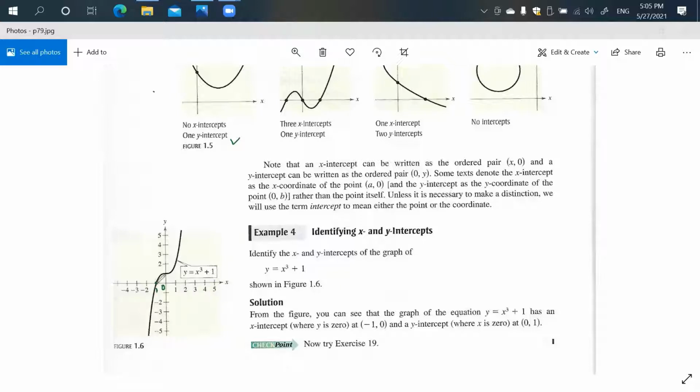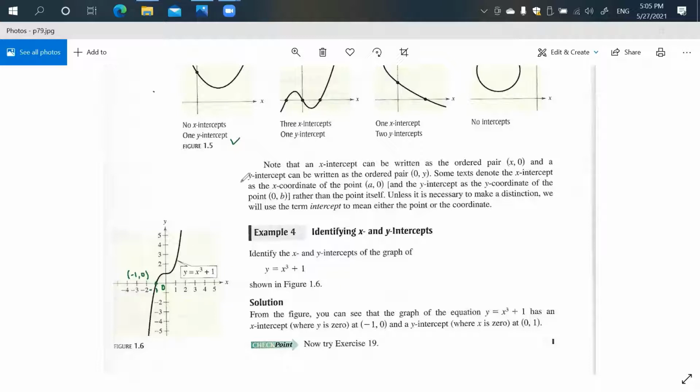So this one has one x-intercept, which has coordinate x equal to 1. Sorry, this one should be -1. So the coordinate point which has the x-intercept is x equal to -1 and y 0.